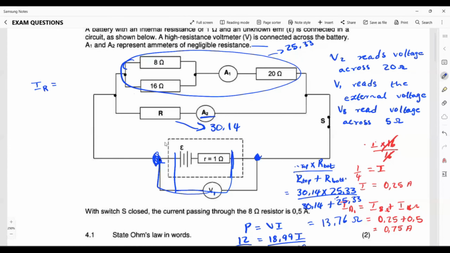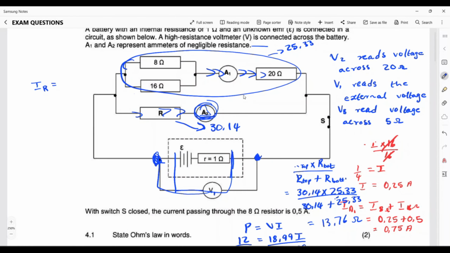What I'm saying is I'm looking for the current that is A2, but I'm going to write the numerator as the resistance of the branch that I'm not looking for, because I'm not looking for the current passing through the other branch. That is the resistance of the branch that has the current that I'm not looking for.